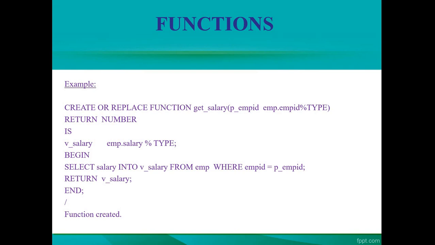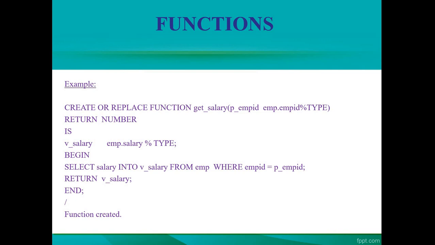Next, I am going to start the execution by using the keyword BEGIN. BEGIN SELECT salary INTO v_salary. So I am going to select the salary and store it into v_salary from the table EMP, where employee ID equals p_employee_id, the variable which I am using as a parameter.